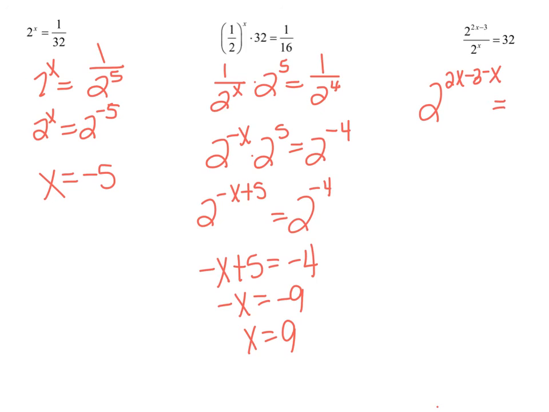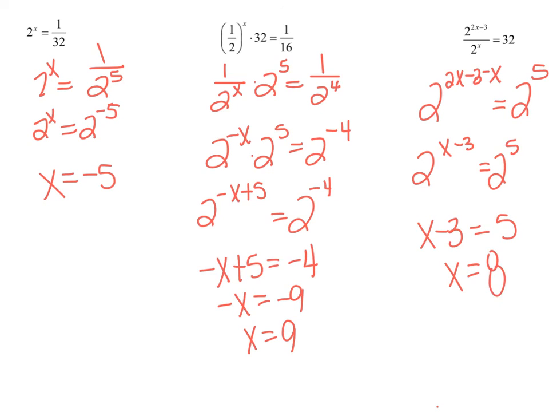Okay, and we want that 32 to have a base of 2. We already know that's 2 to the 5th. All right, let's simplify that exponent in the top left there. So 2x minus x, we're going to get x minus 3 equals 2 to the 5th. Set those exponents equal to each other. As long as they have the same base, x is going to be 8.